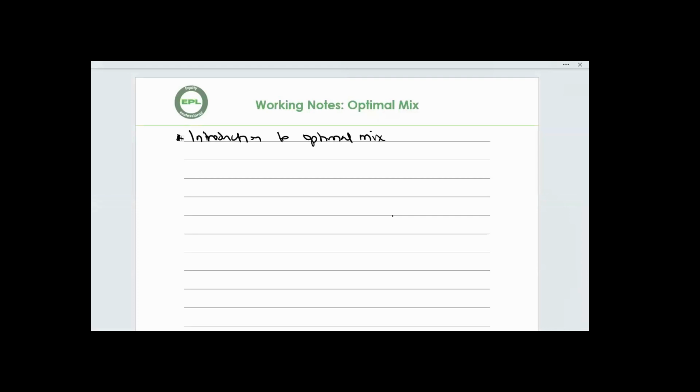Then we are going to talk about procedures involved. We talk about constraints or bottleneck.